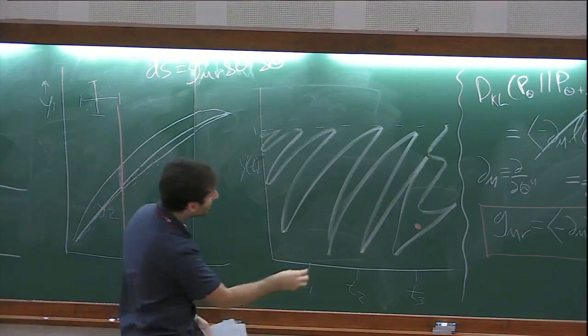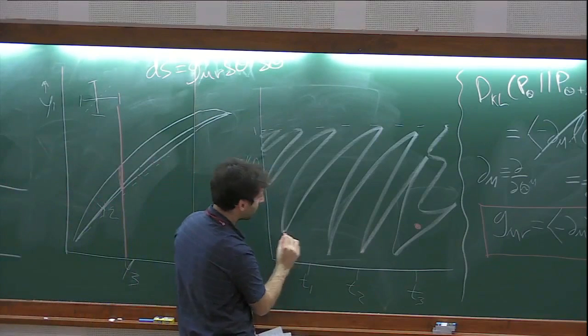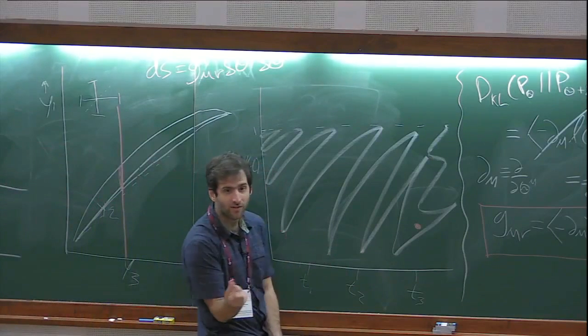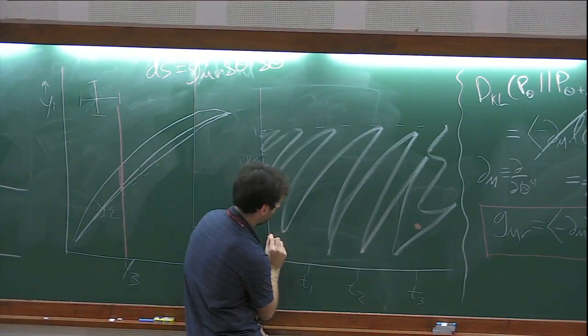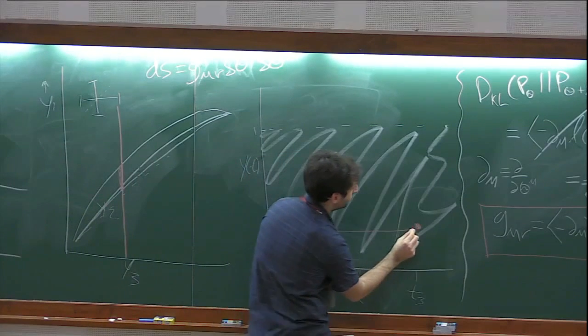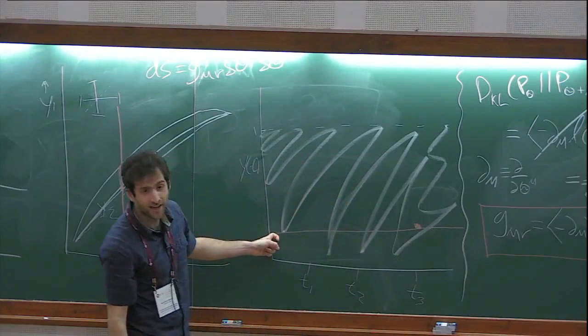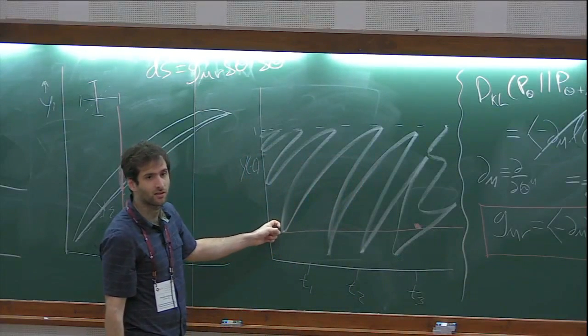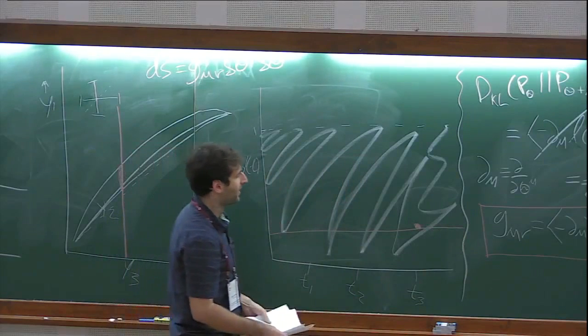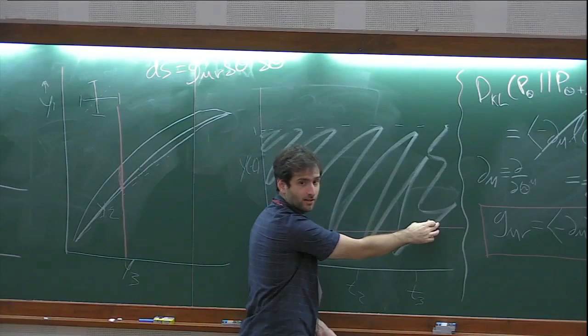And I say it's a little slice because if I look at the behavior that's allowed now anywhere else, it has this form. So I can't ever get below this on this side, right? And I can't ever get above this on this side.